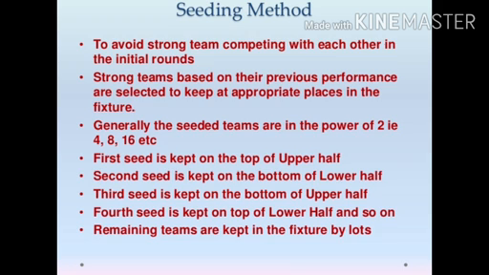Now I will give you the example of 19 teams. Suppose the teams are more in number. How will you draw a fixture? The steps are the same, with some additional steps, because if the teams are fewer you divide the teams into halves, but if the teams are more in number, you divide the teams into 4 quarters.